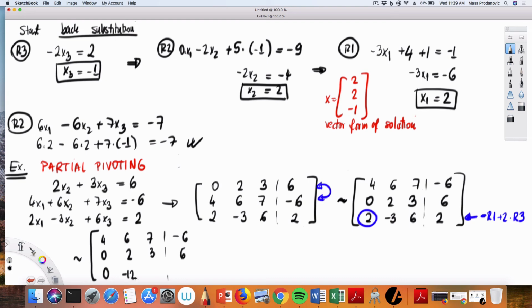That's minus 12. Negative 7 plus 2 times 6 is 5, I believe. And then 6 plus 2 times 2, that's 10. Yes?